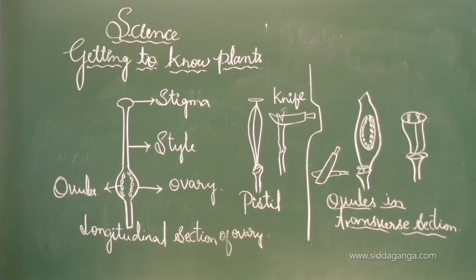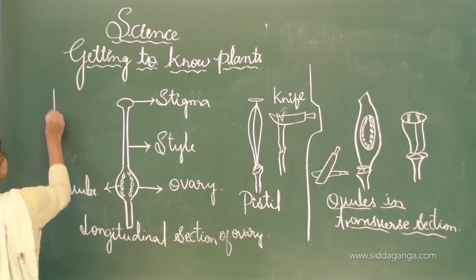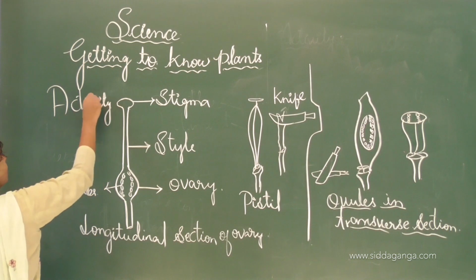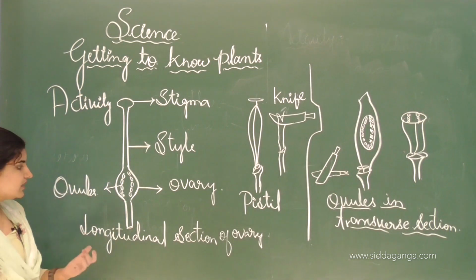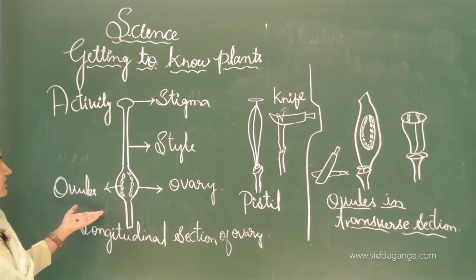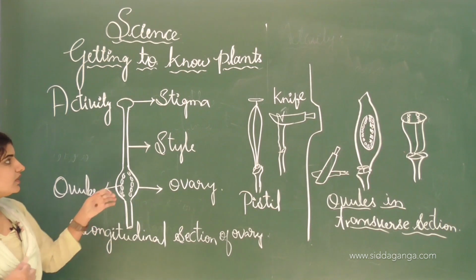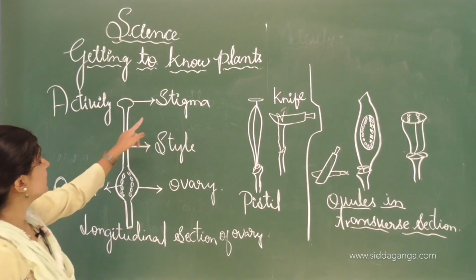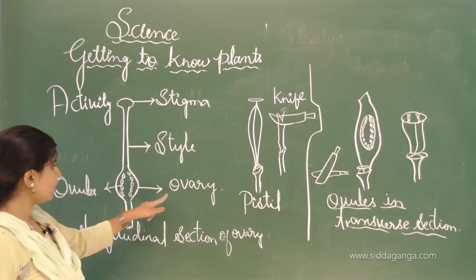See, this is the activity. From this activity, we can easily identify the different parts of the pistil, where pistil can be divided into three parts: stigma, style, as well as the ovary.